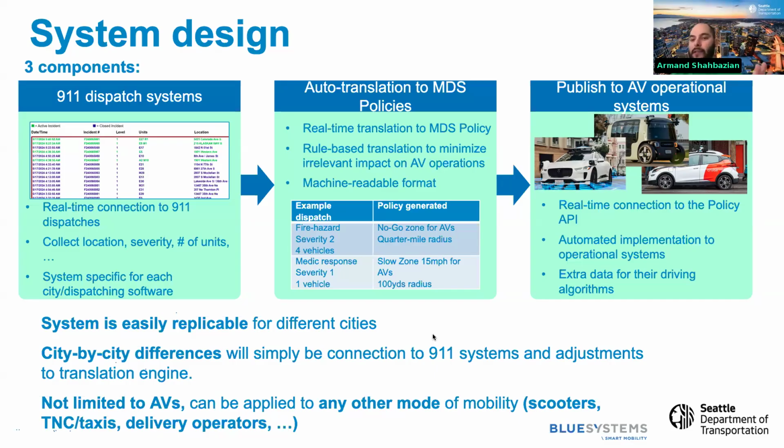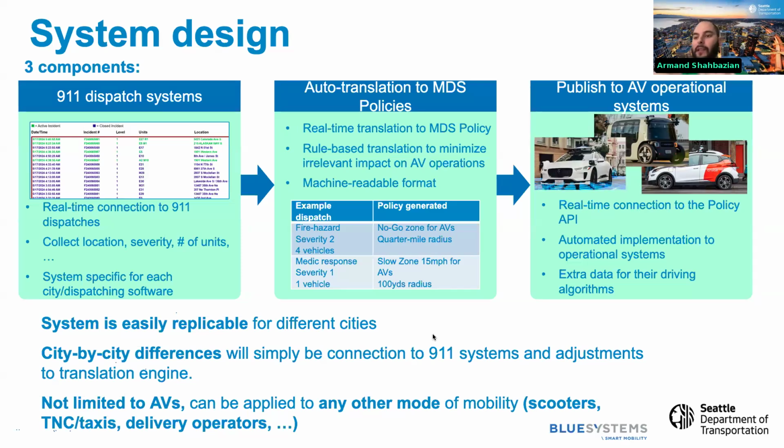All of that is ingested by Blue Systems into their smart mobility platform, which allows the platform to do the real-time translation of all of that data into various MDS policies based on various aspects of the emergencies.